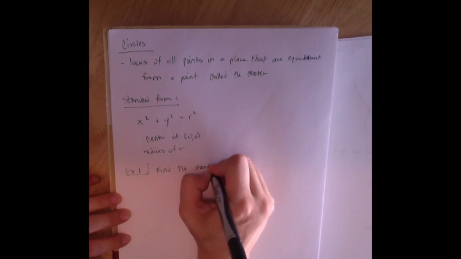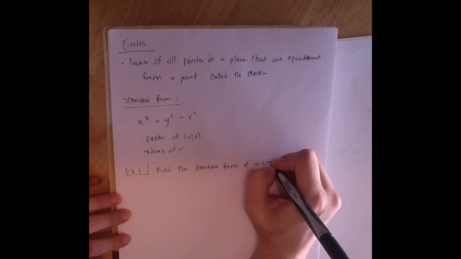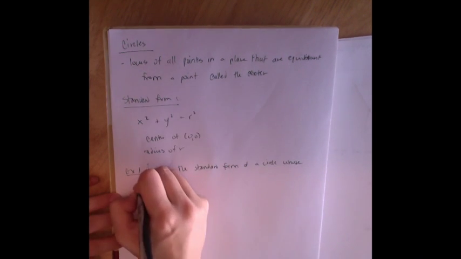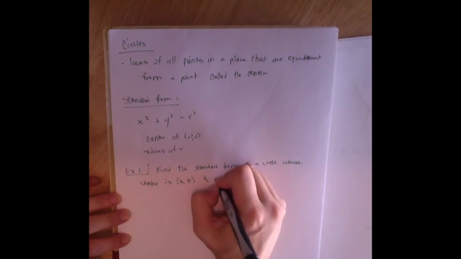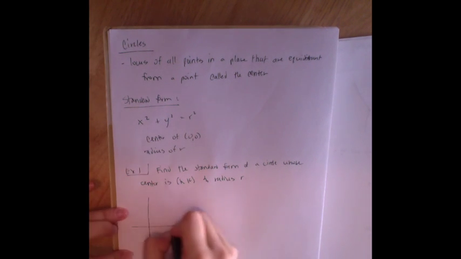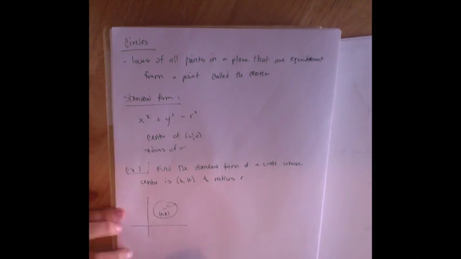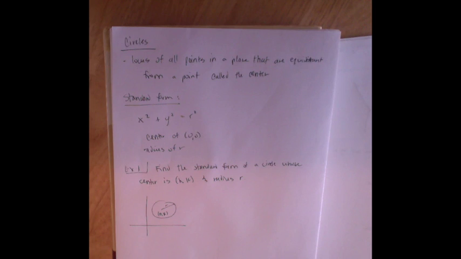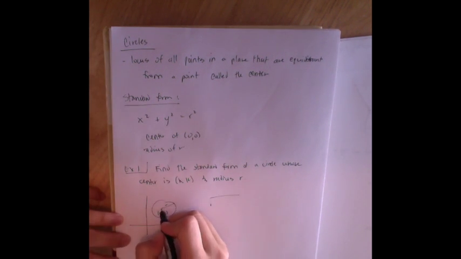Find the standard form of a circle whose center is HK and radius R. So if I was to draw, this is my circle, this is HK, and this is my radius R. Now it is something where all the points are equidistant, which means they all have a distance of R.